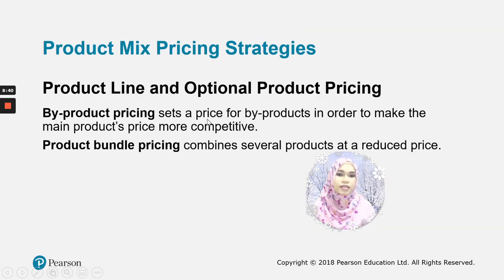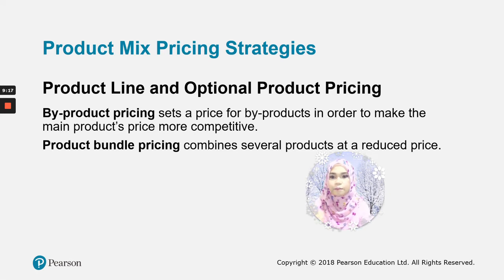Here the by-product is just to make the main product more attractive, so you add on some other things. Like if you buy this one alone, the product alone is 1,000 ringgit. But if you pay 1,200, you will get the main product plus a few other accessories. So you mark up the price a little bit, instead of asking people to buy at 1,000 ringgit, you say you pay an additional 200, then you get 5 accessories. So that is by-product pricing.